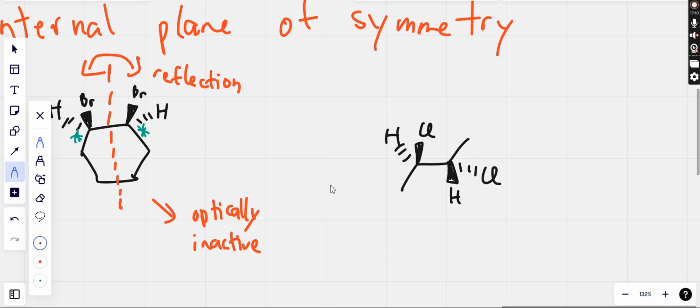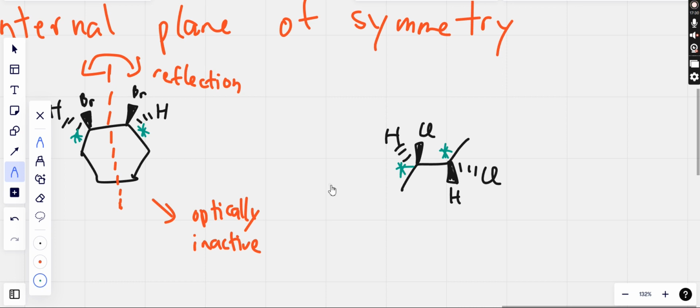On first glance, it looks like it is a chiral molecule and optically active. But in fact, it is not.